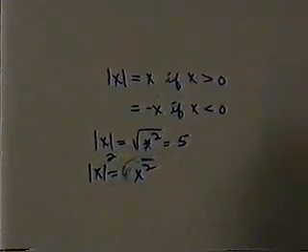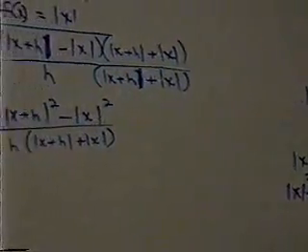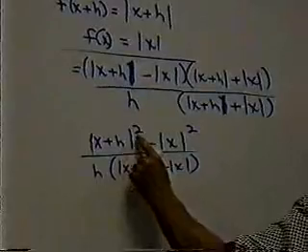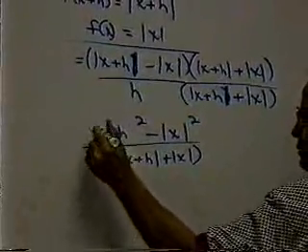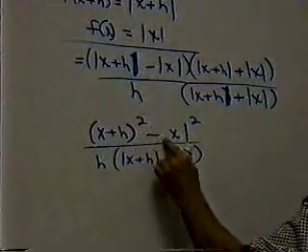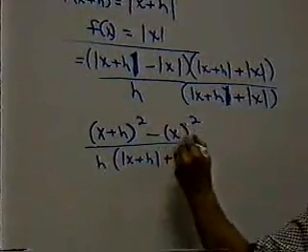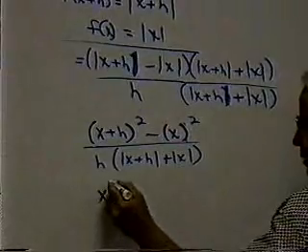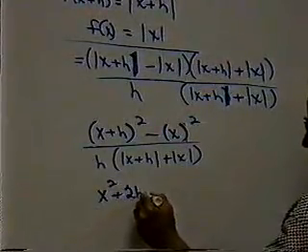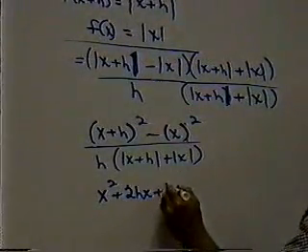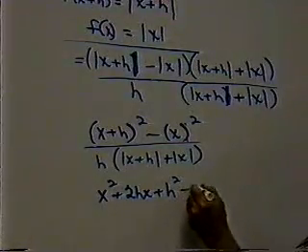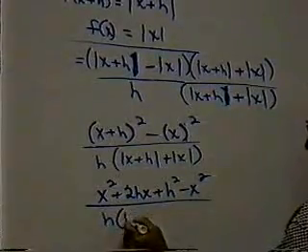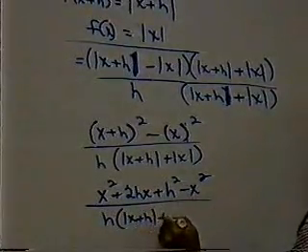So let's go back to our problem now. This means that the absolute value of x plus h squared now becomes parenthesis squared. And what do we get there? Well, we get x squared plus 2hx plus h squared minus x squared, all over h times the absolute value of x plus h plus absolute value of x.